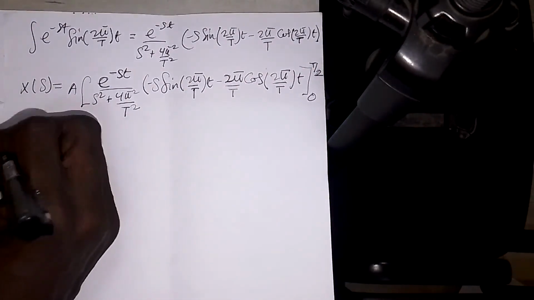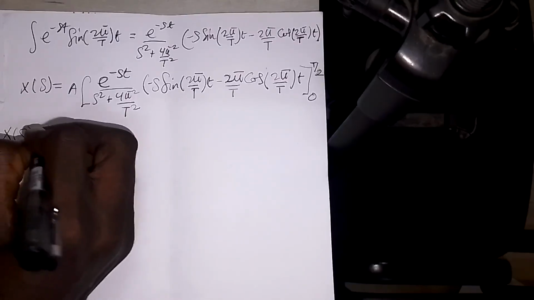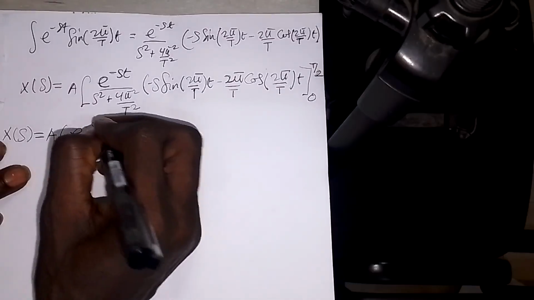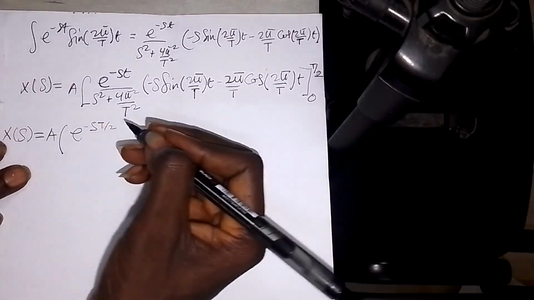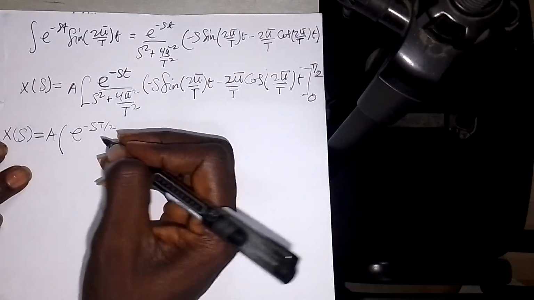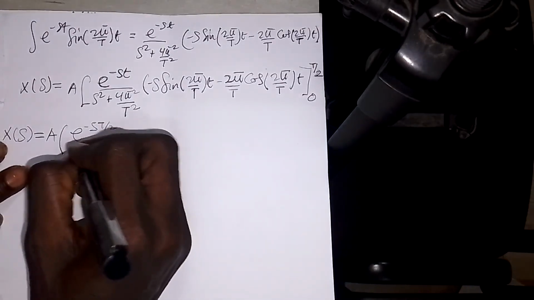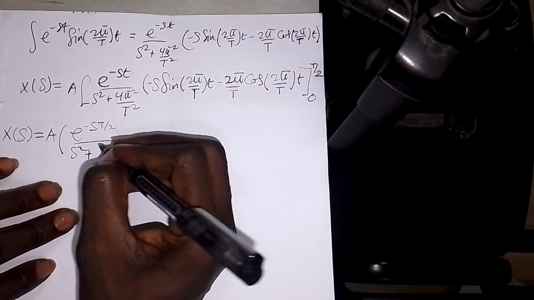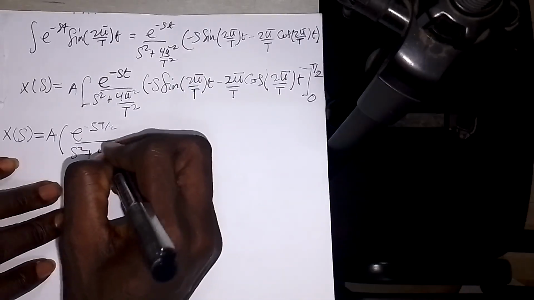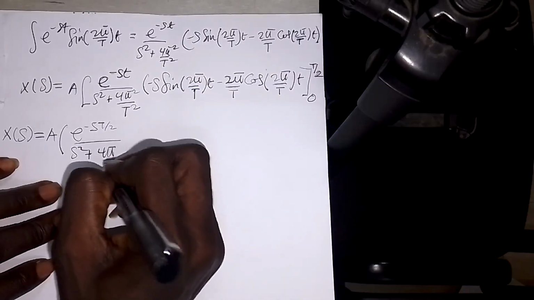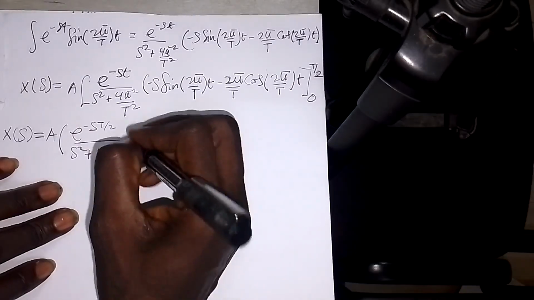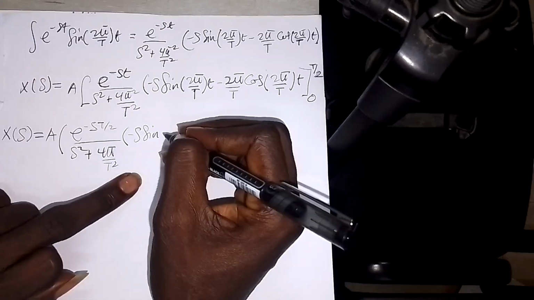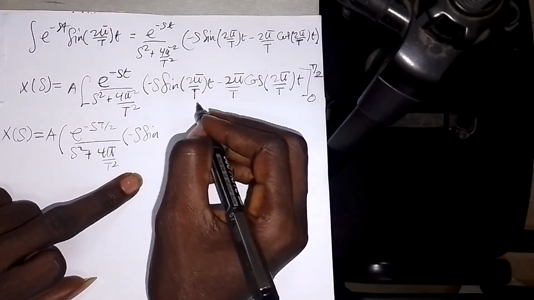So x of s, the Laplace transform, is A into e to the minus st on 2, over s squared plus 4 pi t squared, into minus s sine 2 pi over t.